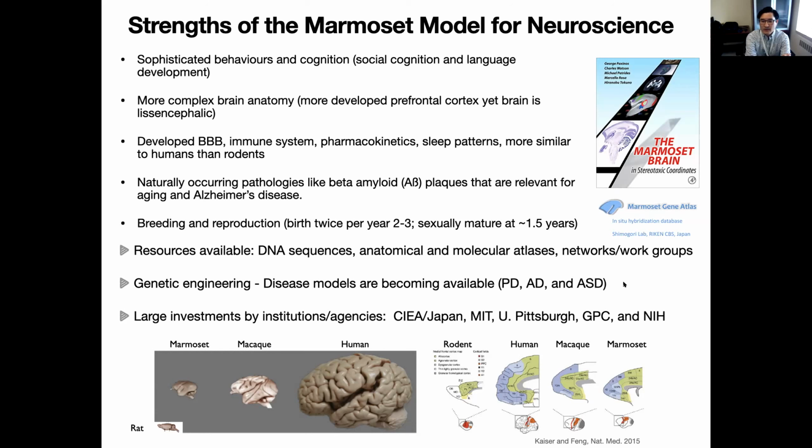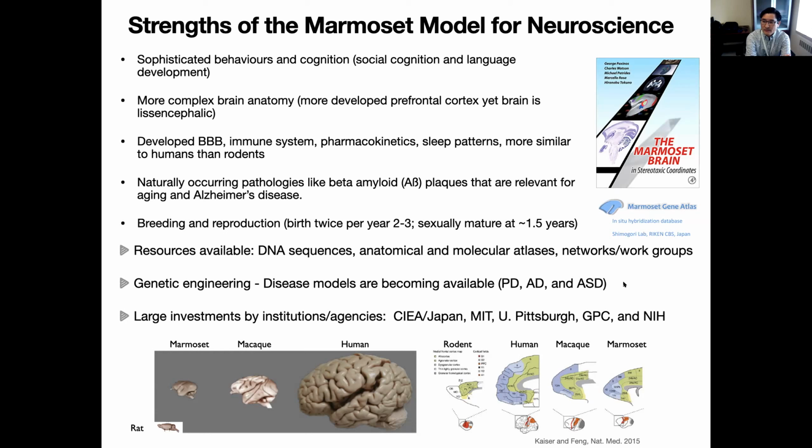In fact, a lot of our Japanese colleagues have done this, including making models of Parkinson's disease, Alzheimer's disease, and ASD. And there's been a really remarkable investment in the marmoset model over the last decade.